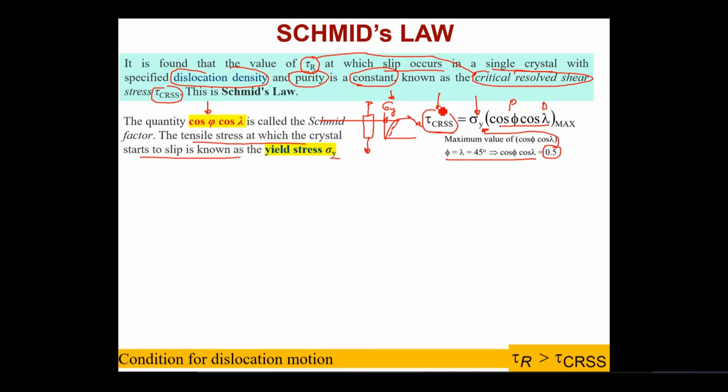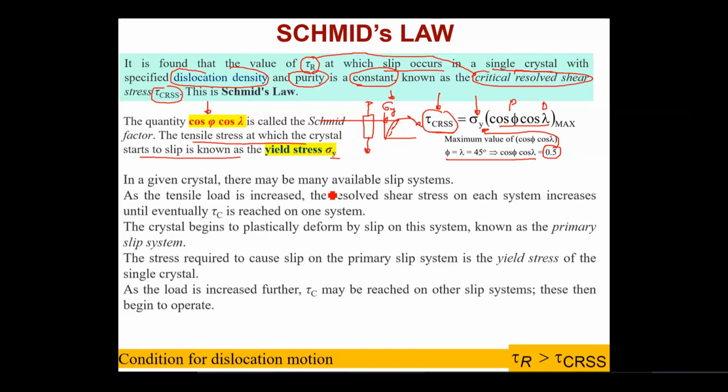In a given system, there may be many available slip systems, like you had 12 slip systems for FCC. That means 4 different planes and 3 different directions with each plane are the slip systems for FCC.